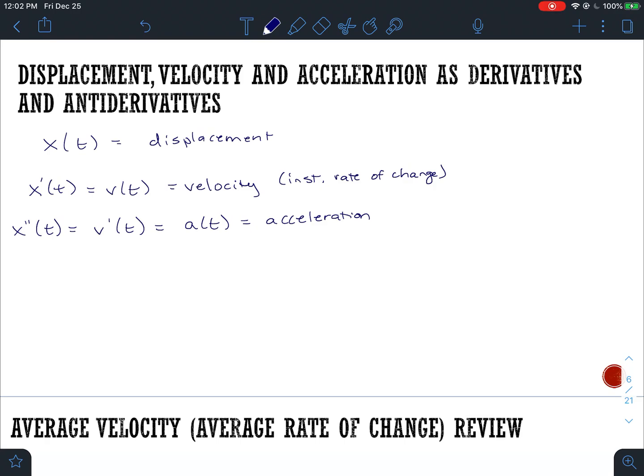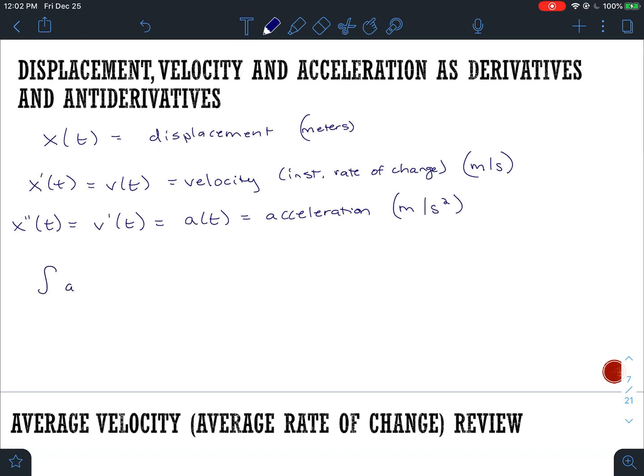And that is the instantaneous rate of change of velocity. And so we could call this meters for units for displacement. We could call the velocity meters per second, and then the units for acceleration would be meters per second squared. Well, if you want to go from acceleration back to velocity, you do the inverse operation.